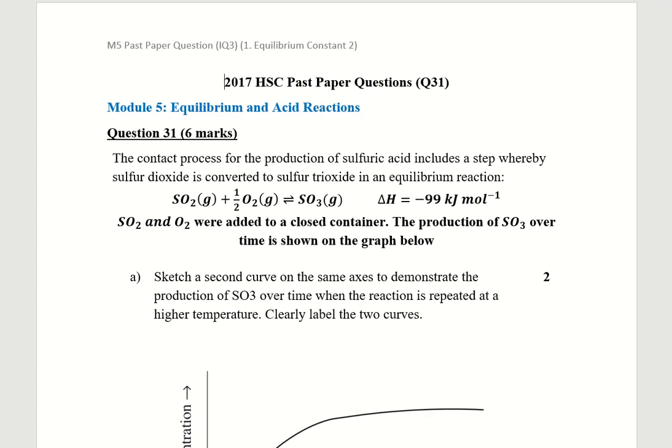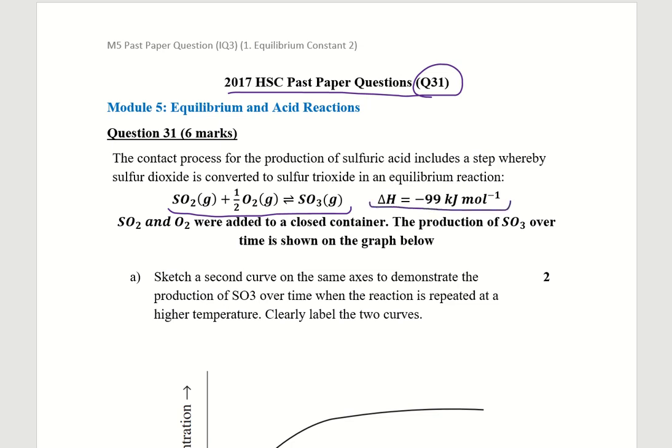All right, so we are doing the 2017 HSC paper from Chemistry 33. It's one of those equilibrium constant calculations again. The question says the contact process for the production of sulfuric acid includes a step whereby sulfur dioxide is converted to sulfur trioxide in an equilibrium reaction, and this is the reaction that we have.